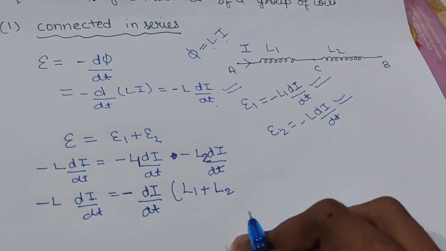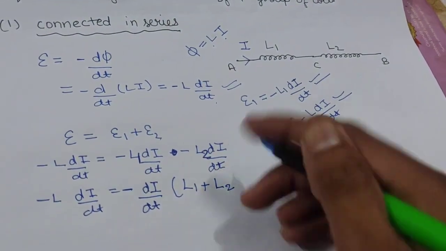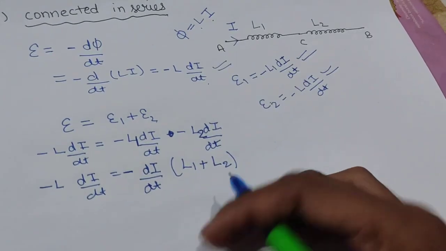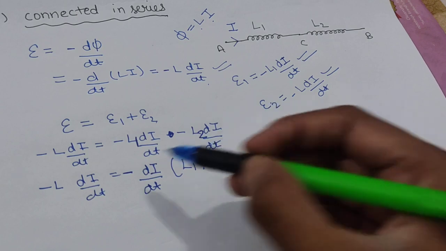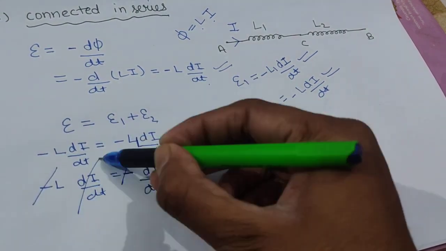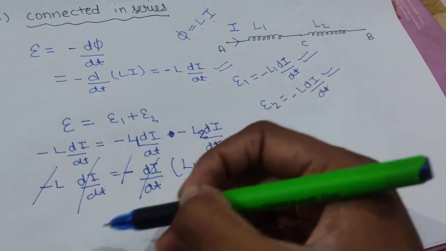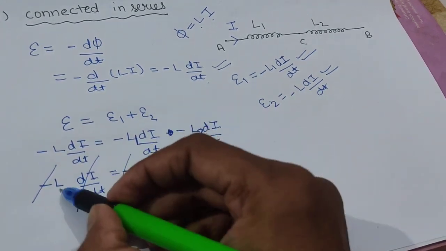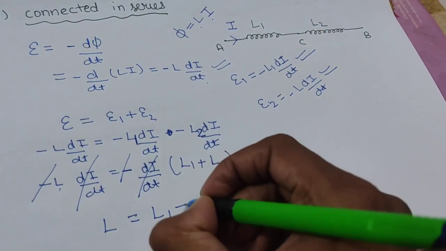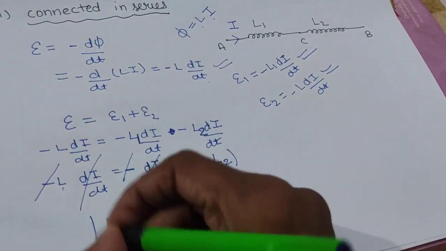Cancel the minus sign and cancel di by dt on both sides, and we are left with L equal to L1 plus L2. So it is proved.